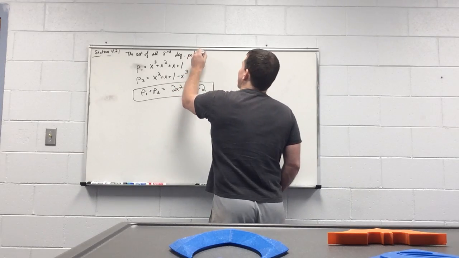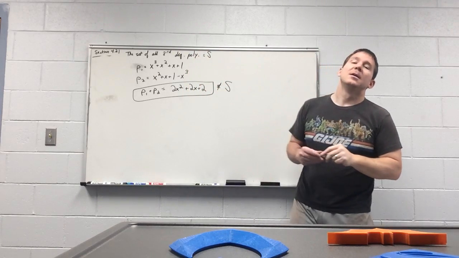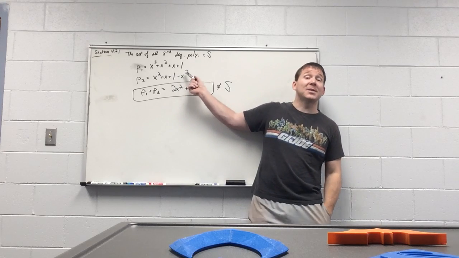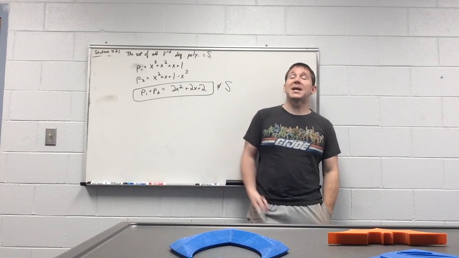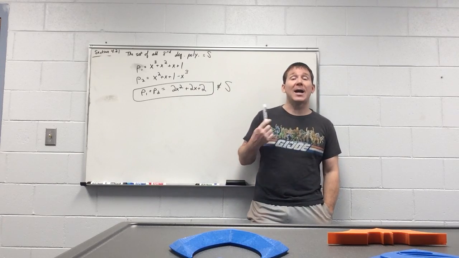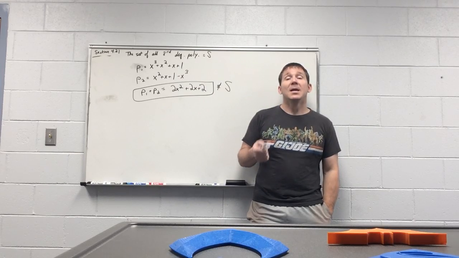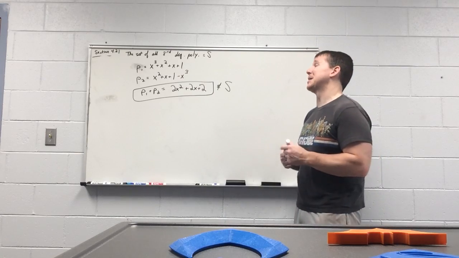Which means if I call this the set S, this is not in S. Which means I took two elements of the set, and I got an element not in the set. So the first axiom fails. The set of all third degree polynomials is not a vector space. And again, then you would just stop right there because you have a counterexample.